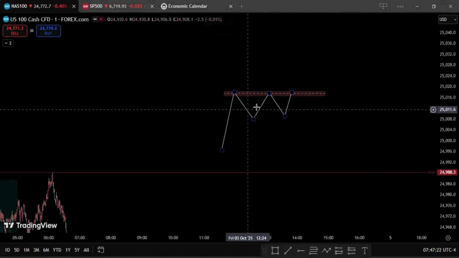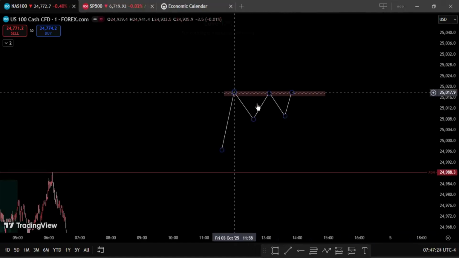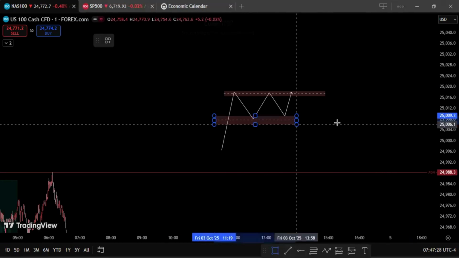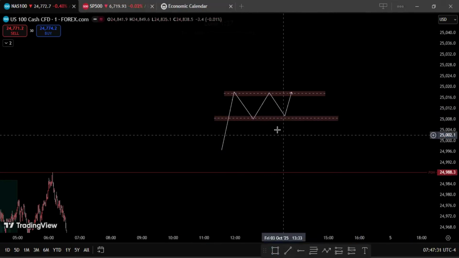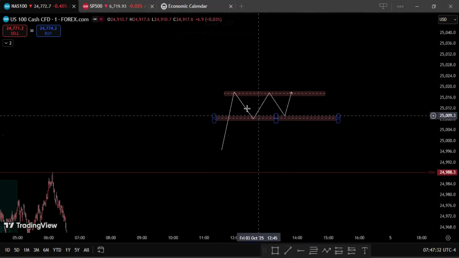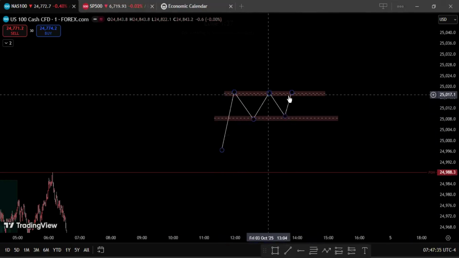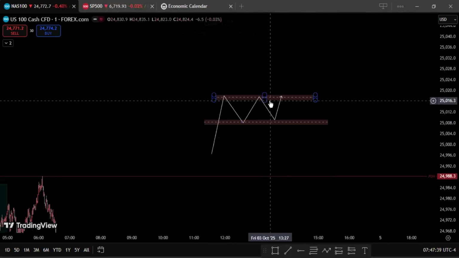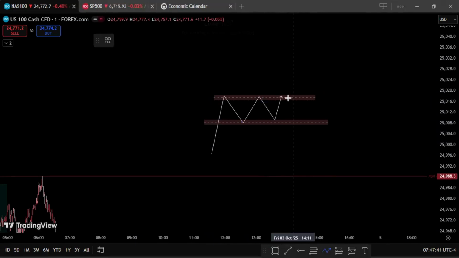So what the market makers do is that they keep price in a tight range to create liquidity on both the upper and the lower part of this range, because they know that retail traders will be taking sells here and they will be taking buys here. So in order for them to be able to take price higher, they will have to do what?